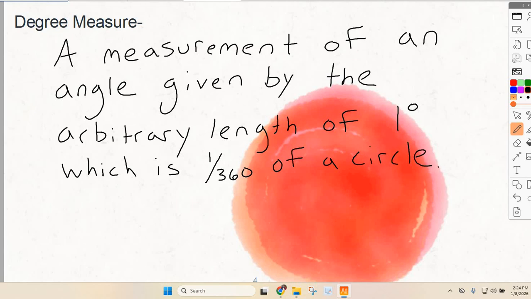A lot of words. You don't have to write all that down. Basically, the 1/360th of a circle is probably the more important part.